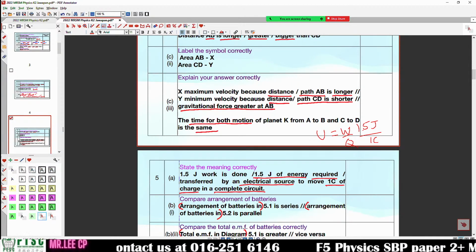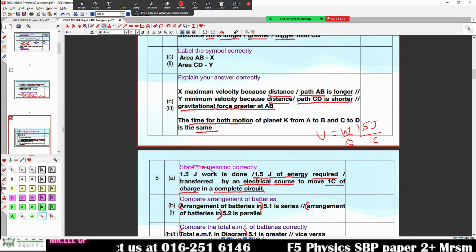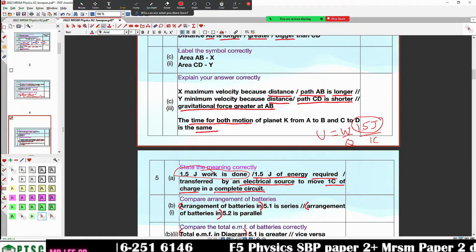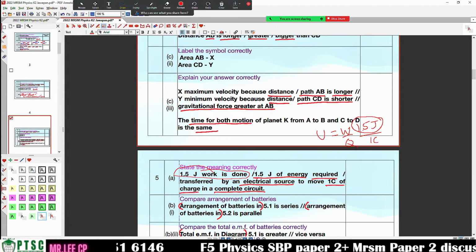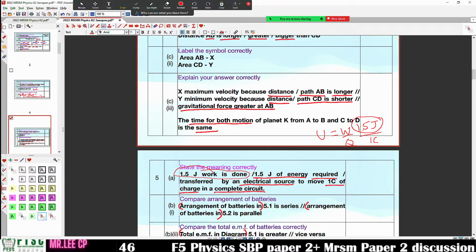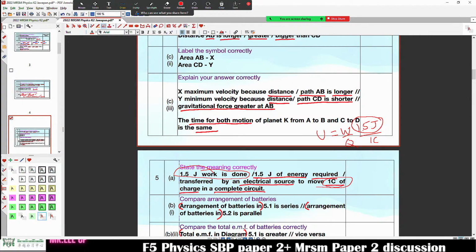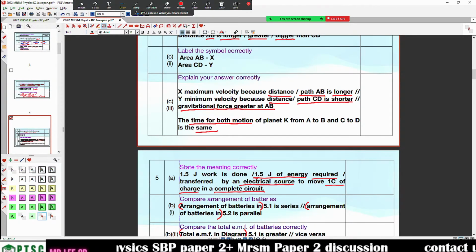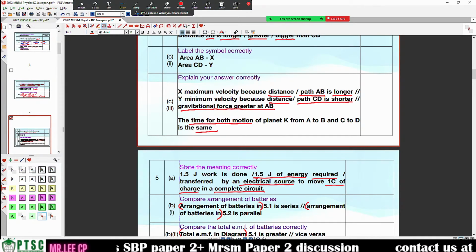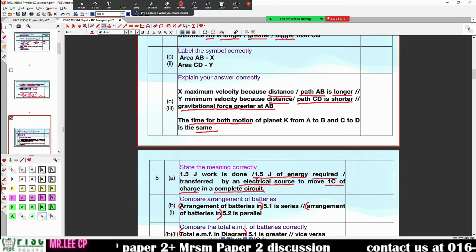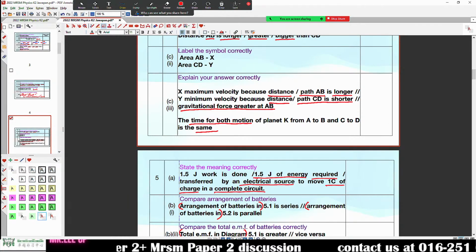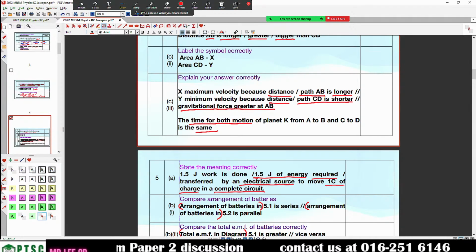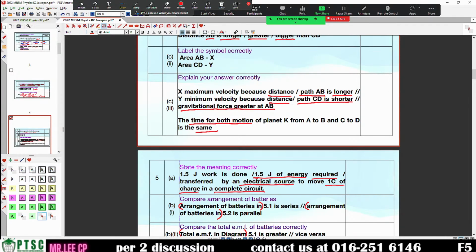You see the part they underline, it is the keyword. Or 1.5 joule of energy required to move one coulomb of charge in a complete circuit. Okay.